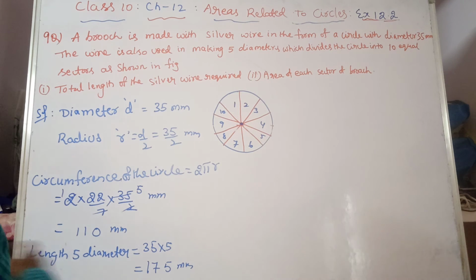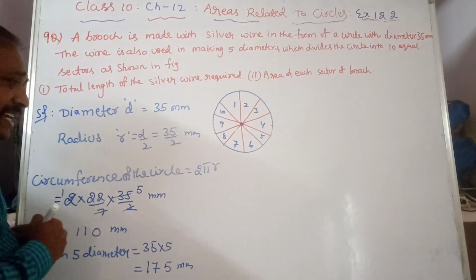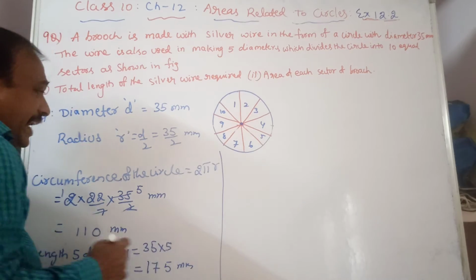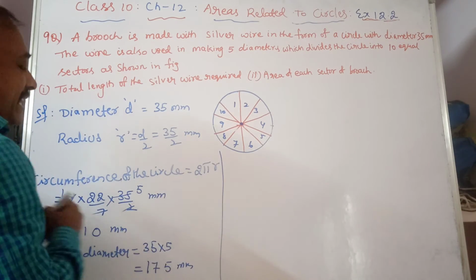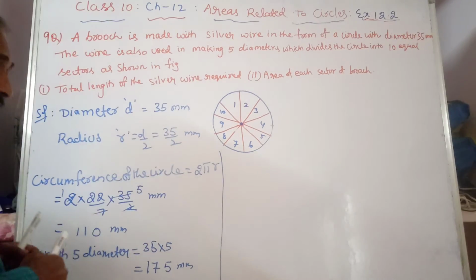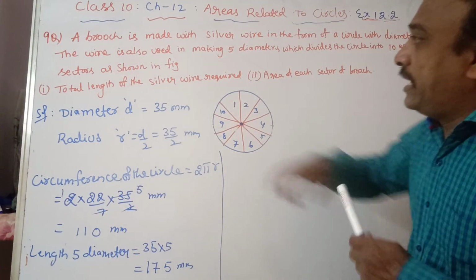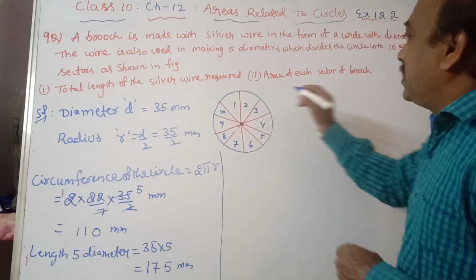That is the length of the 5 diameters. Now what we are doing here? The total length of the silver wire, I'll write here, that is the first one.